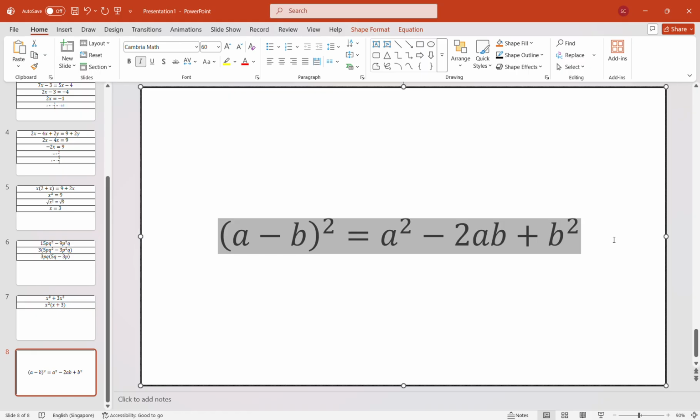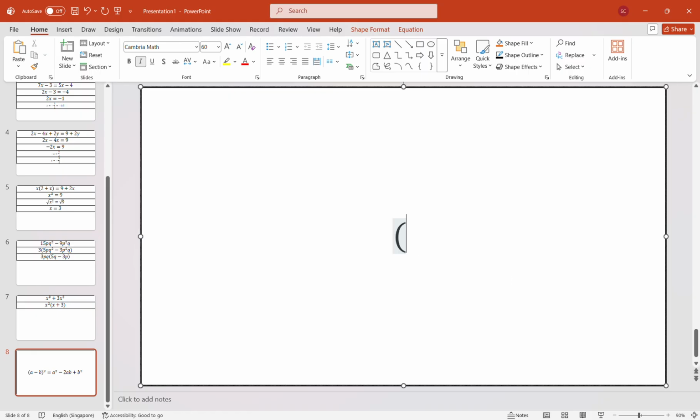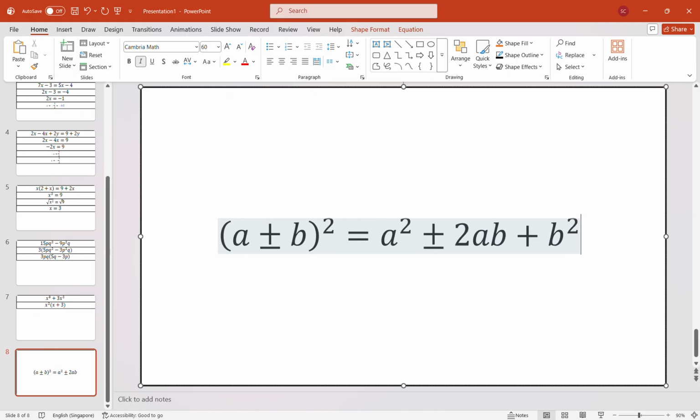And notice it's actually pretty similar, the only difference is the sign. So (a plus or minus b) squared is equal to a squared plus or minus 2ab plus b squared.